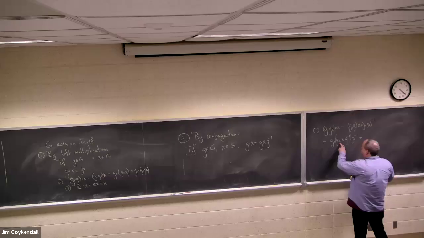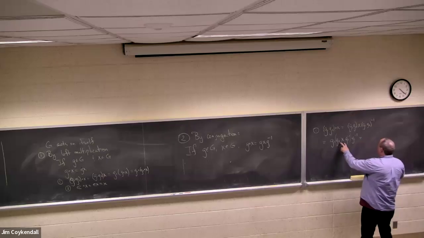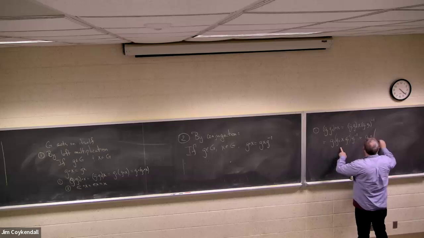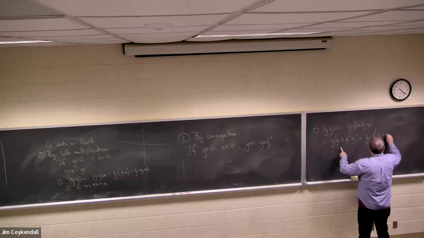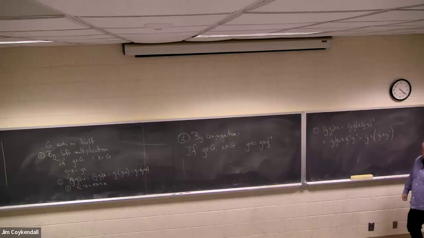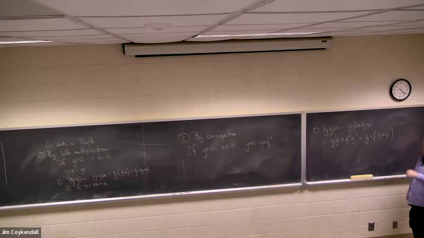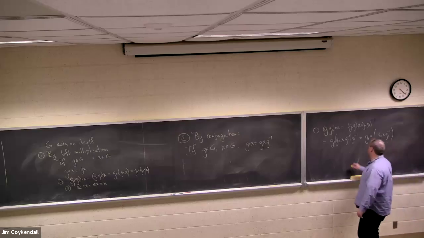This is of course an element of G, so this is actually g1 acting on g2 x g2 inverse. Everybody agree with that? Because the definition says to do this, I put the g1 here and the g1 inverse there, and this thing in parentheses is also part of the action.